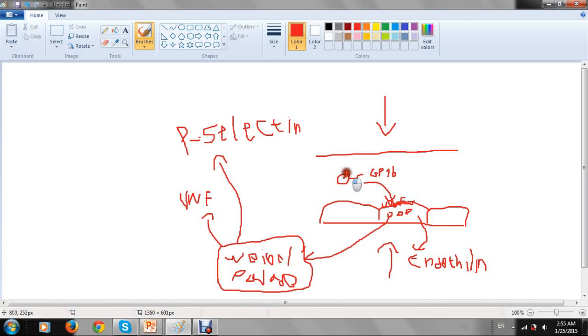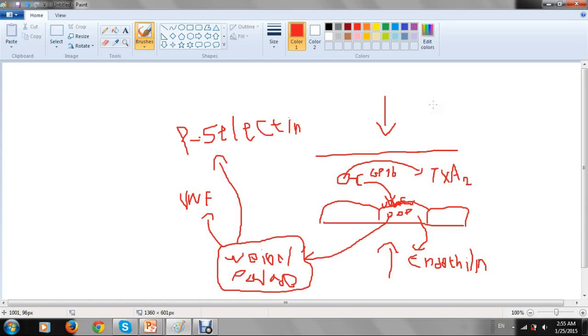The first key mediator is thromboxane A2. Thromboxane A2 is a chemical mediator that comes from a cyclooxygenase derivative.